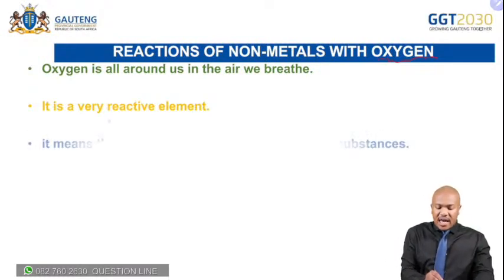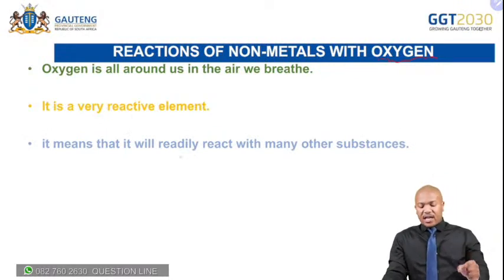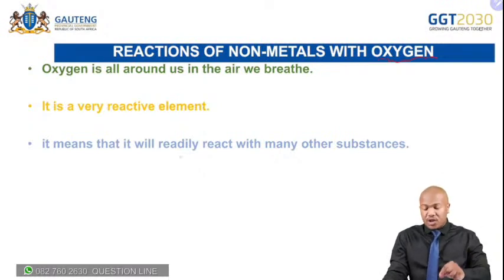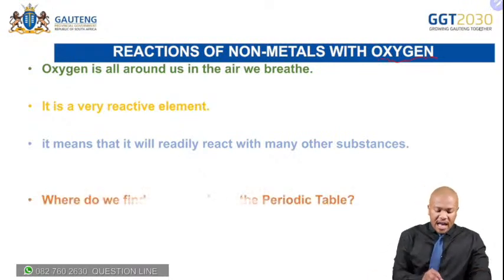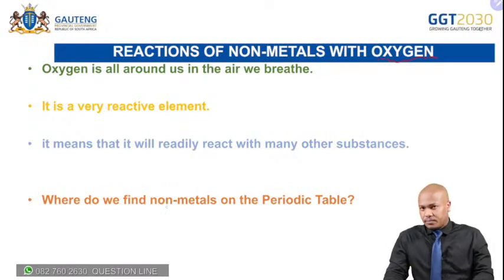As it is a reactive element, it means that it will readily react with many other substances. In this case, we're talking about non-metals. I'll keep on emphasizing. So here's the question: where do we find non-metals on the periodic table?